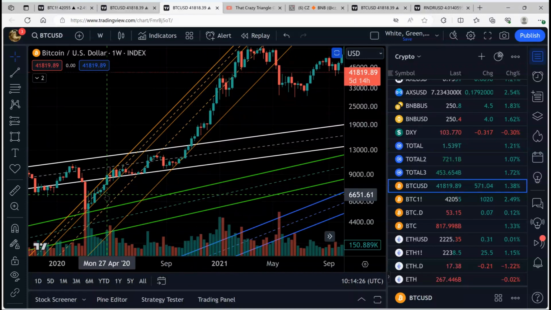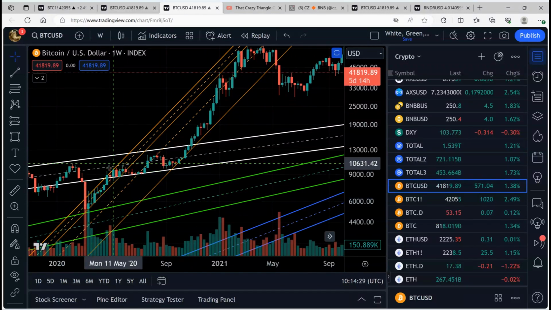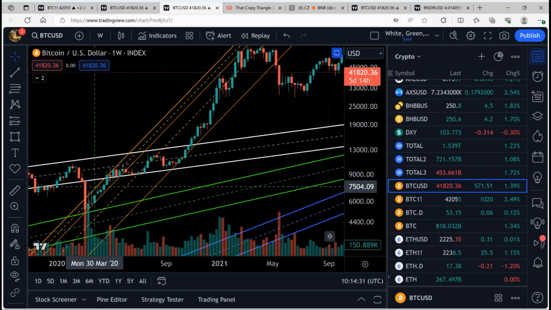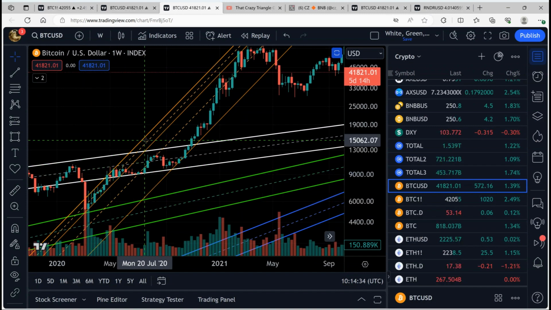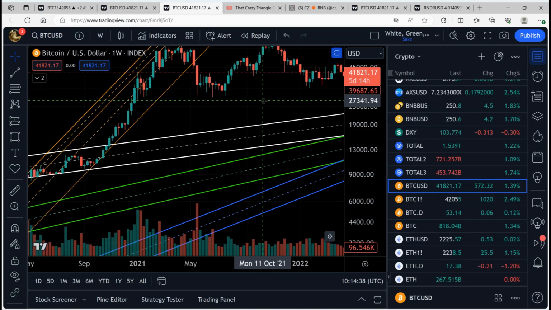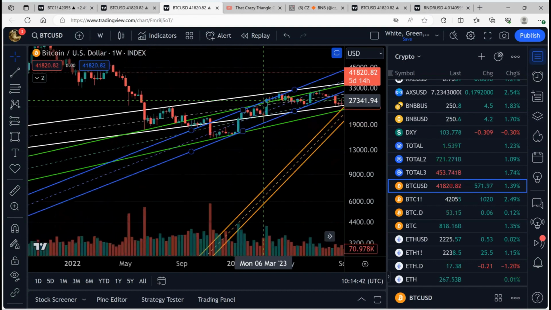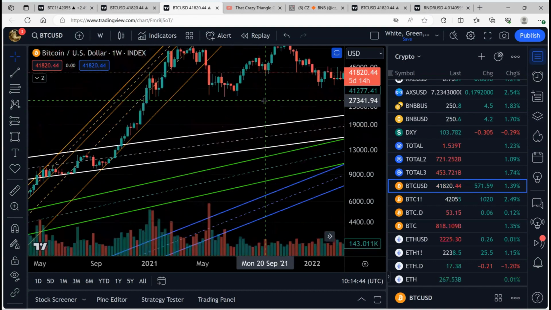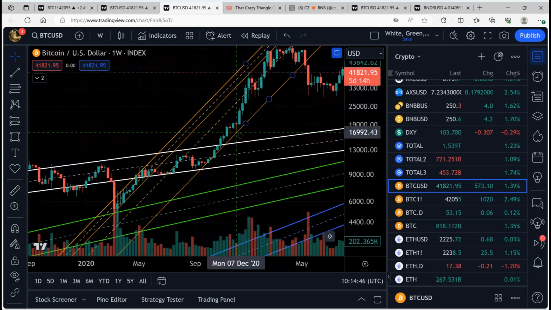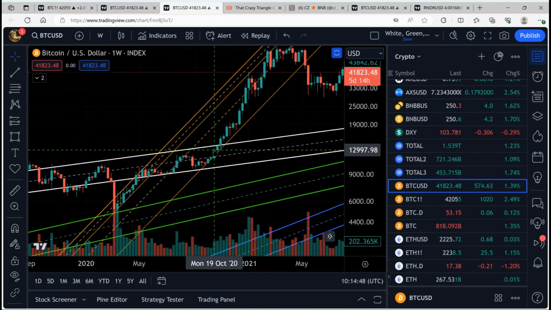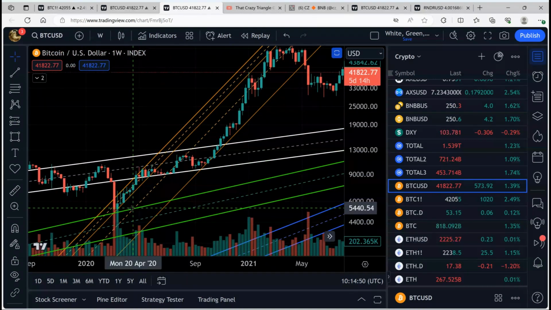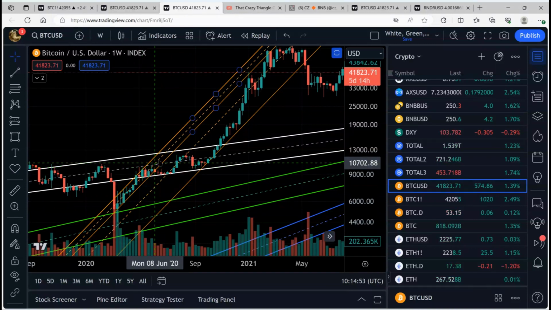Now, this right here is very similar to where we are now, trading within this narrow channel. As a matter of fact, I think this little channel here is the same width as the one we're currently trading in. And then I made this one wider. So this is very, very similar, and this is what I expect us to do.